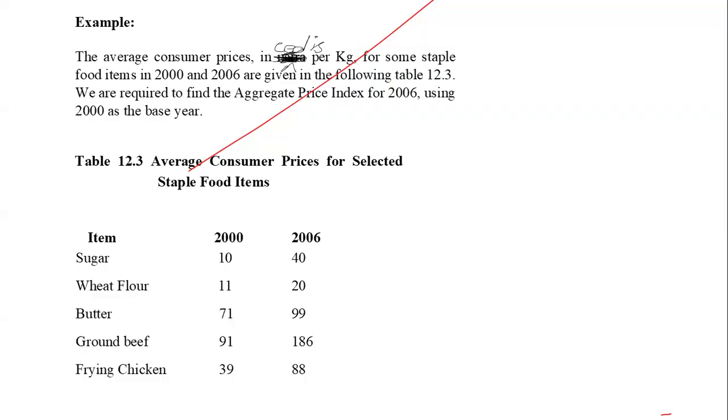The average consumer prices in cedis per kilogram for some staple food items in 2000 and 2006 are given in the following table, 12.3.